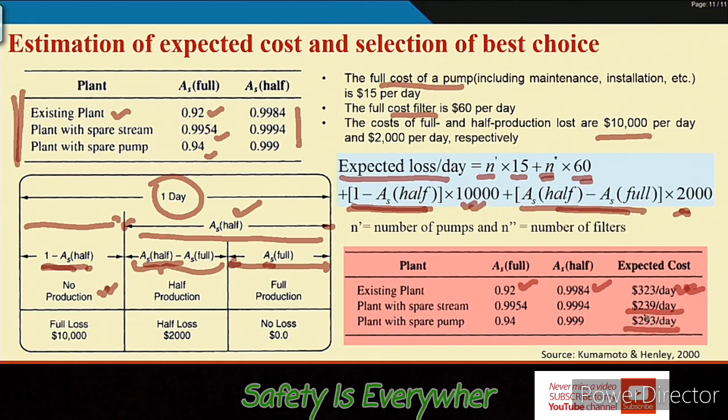So considering the expected cost, the second alternative gives you the better result.